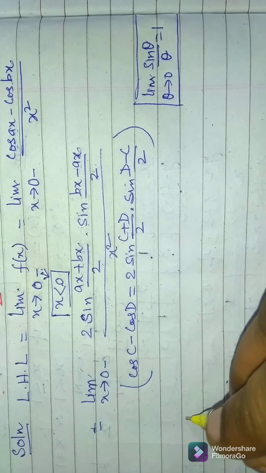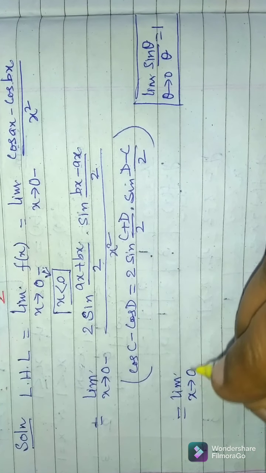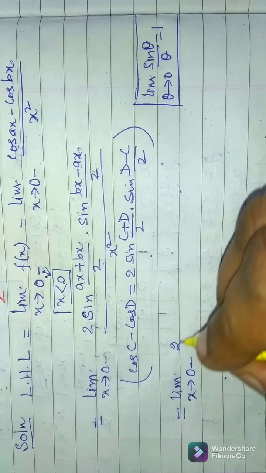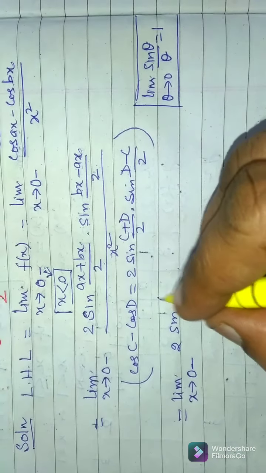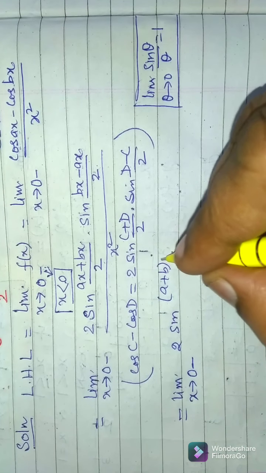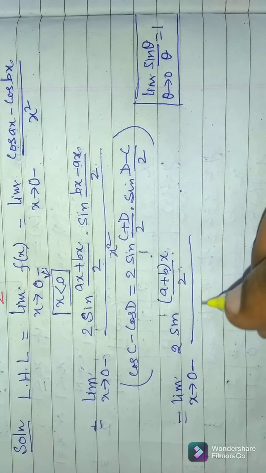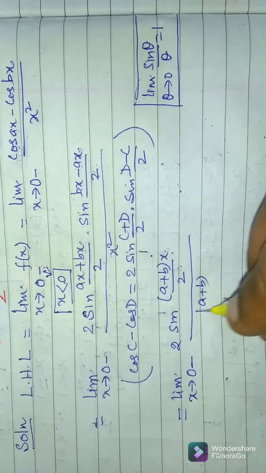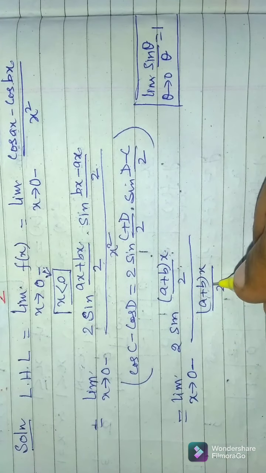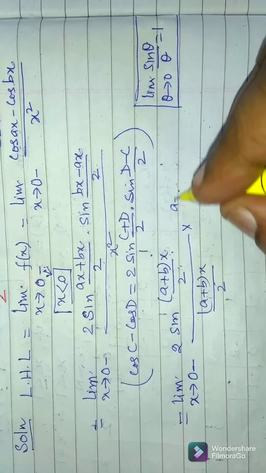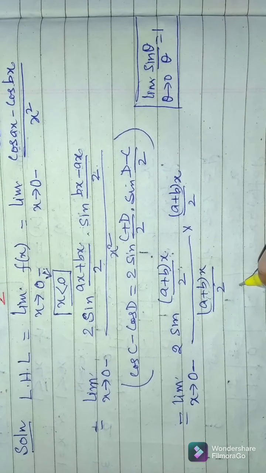Now limit x tends to 0 minus 2 sine. Here we can take x common: sine of (a plus b) x upon 2, divided by (a plus b) x upon 2 because we have to make sine theta by theta, and multiplied by (a plus b) into x upon 2.